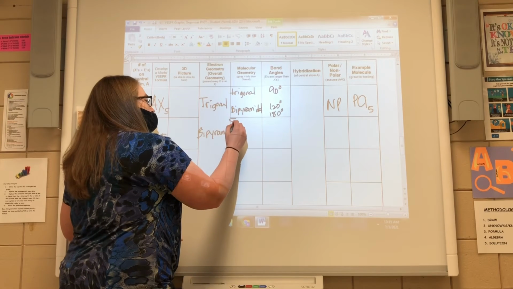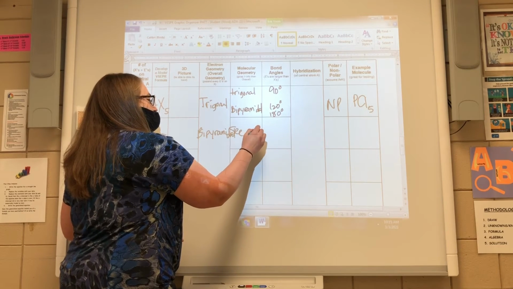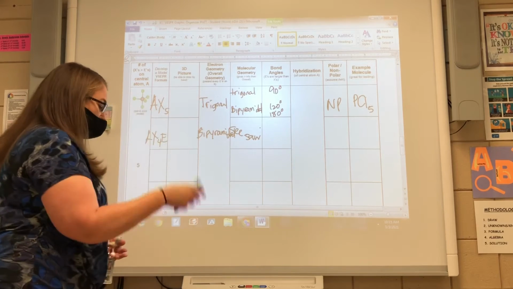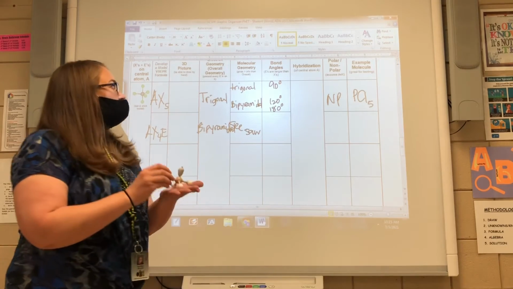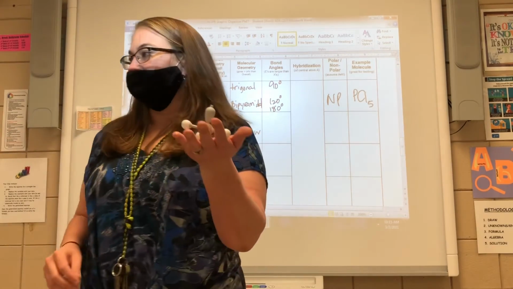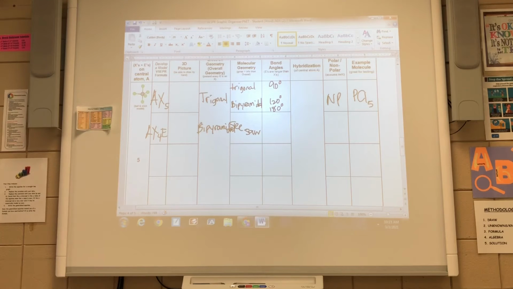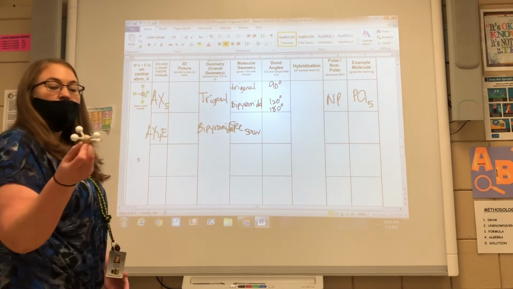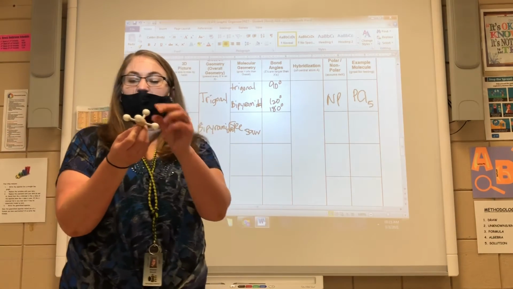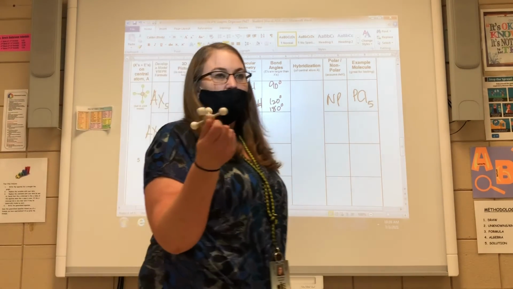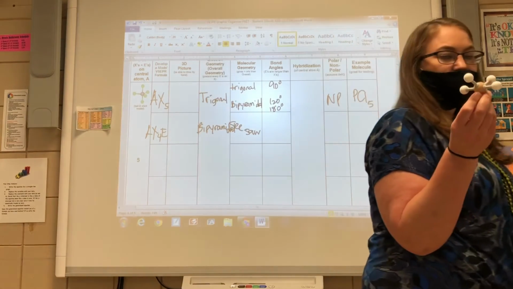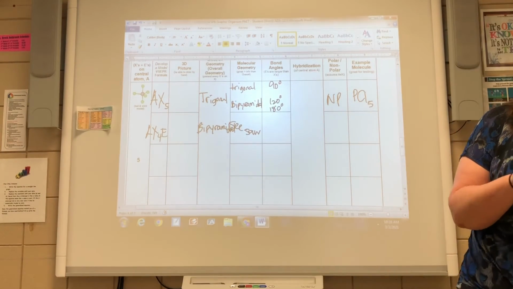The molecular geometry of this is a seesaw. It's got 4 atoms sticking off a central atom, so you could also call it an irregular tetrahedron. Remember, tetra means 4. We're going to go with the seesaw shape.